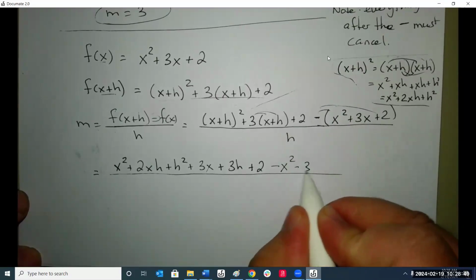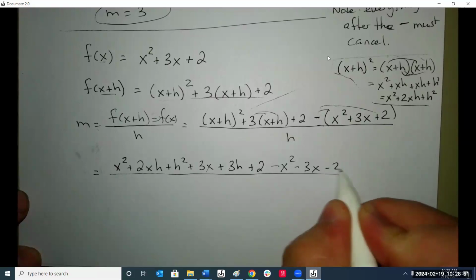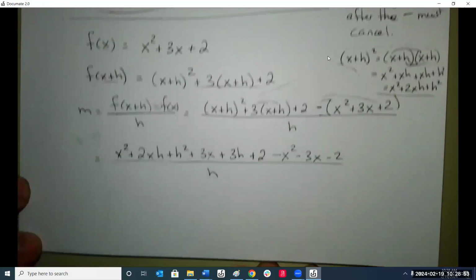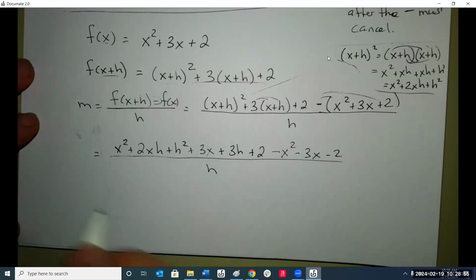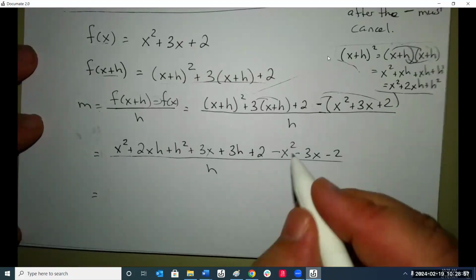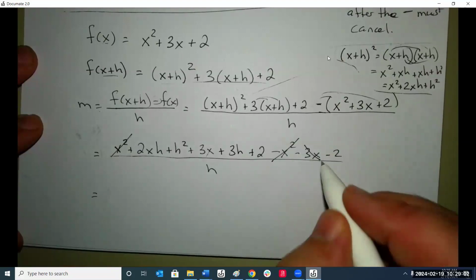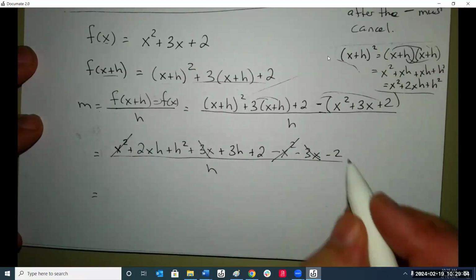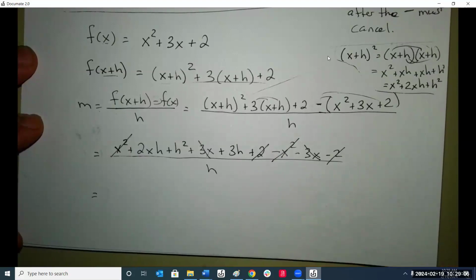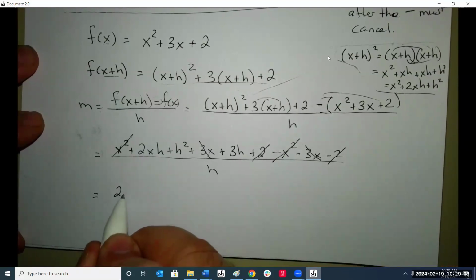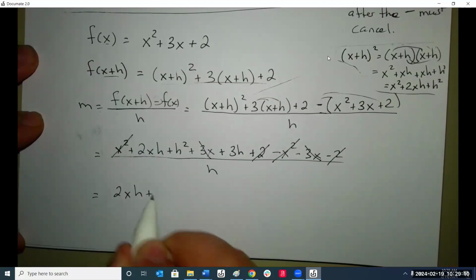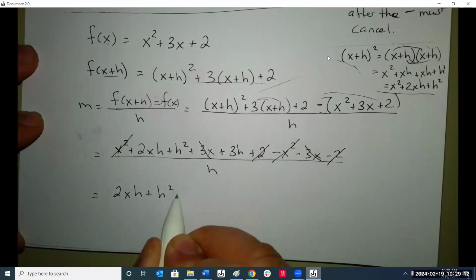Negative 3x, negative 2. Negative x squared cancels. Negative 3x and the 3x cancel. Negative 2 and the 2 cancel. So this is what I have left.